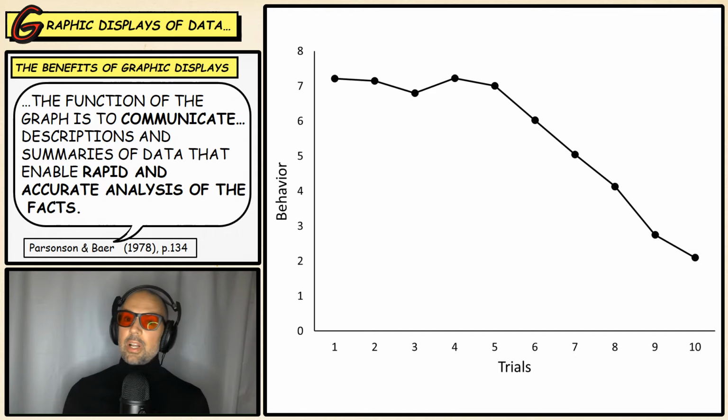Visual analysis is relatively easy to learn, and we're going to learn some of the systematic methods of visual analysis in the next video. Visual analysis does not have an arbitrary level of significance for behavior change. You make that decision as to whether or not you see a behavior change rather than relying on an arbitrary level of significance, such as an alpha level, for deciding whether or not there's a behavior change.